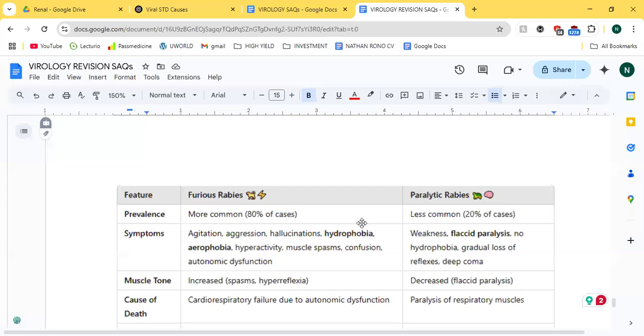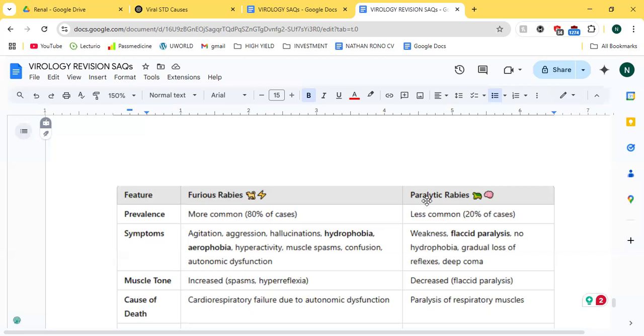Once they spasm, saliva production increases. That's why you see the foaming at the mouth. Then they're agitated, aggressive, usually have hallucinations, muscle spasm, hyperactivity, confusion, and autonomic dysfunction. They also have aerophobia, the fear of air. They fear the water and air.